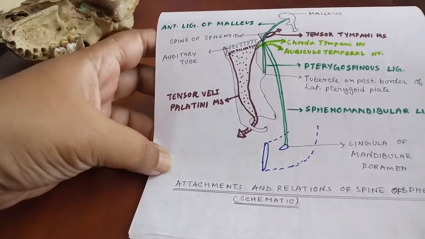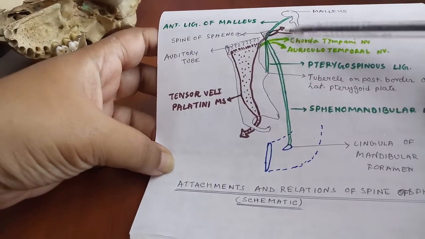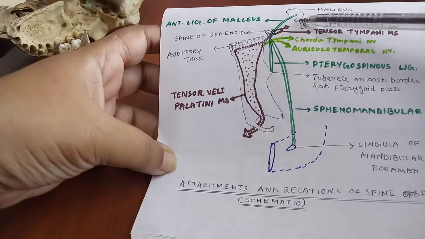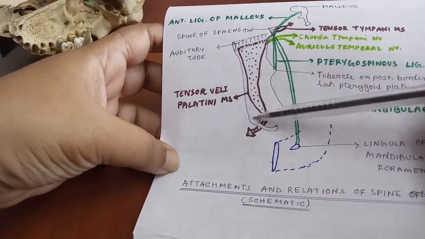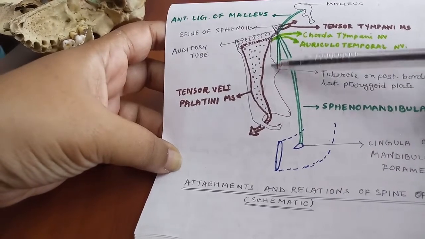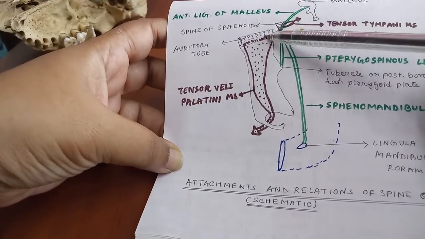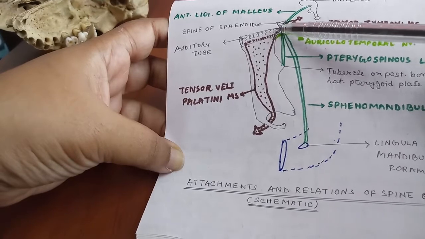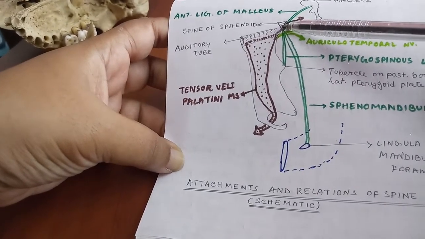As you can see here, we have tried to make a schematic sketch. In this you can see the handle of the malleus, the malleus bone, which is actually an ear ossicle, and here is part of the lateral pterygoid plate. This is the auditory tube, which remains in relation with the sulcus tubae on the undersurface of the base of the skull, and here is the spine of the sphenoid.